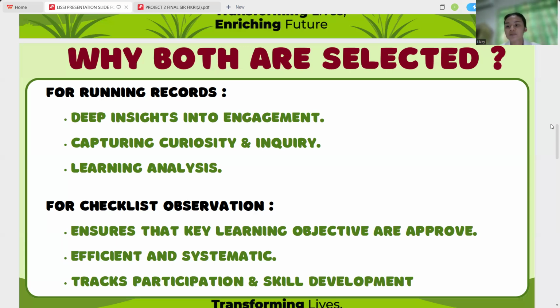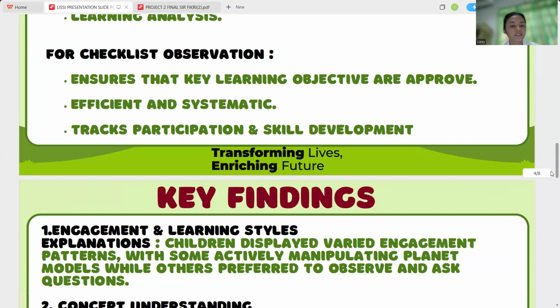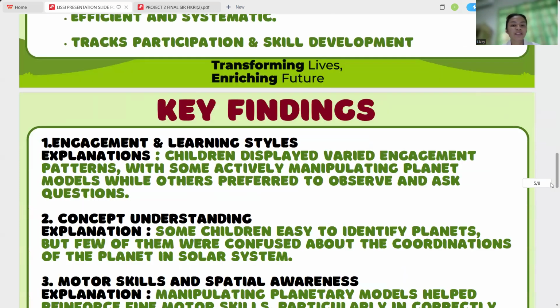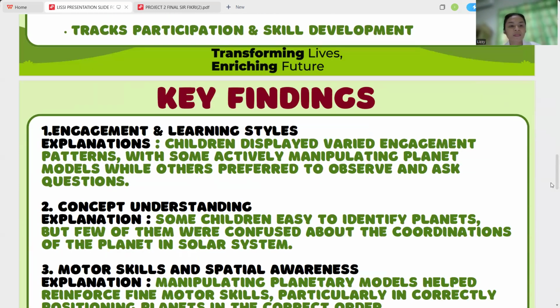So I will go to the next point, the key findings. The first point is engagement and learning style. The explanation is that children display varied engagement patterns.